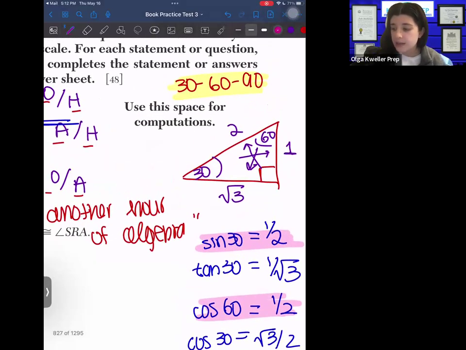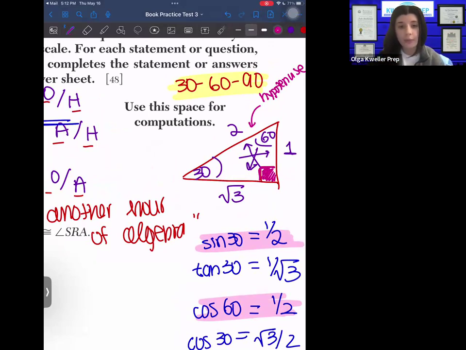So the side that is across the 90 degrees, so here's our 90-degree angle, my little box, this side is always referred to as the hypotenuse in a right triangle. It is the longest side of the triangle. So you go across 90 degrees, that is always your hypotenuse, and that is always the longest in any triangle, the largest side, always. So that vocabulary is very, very important for you guys to understand.